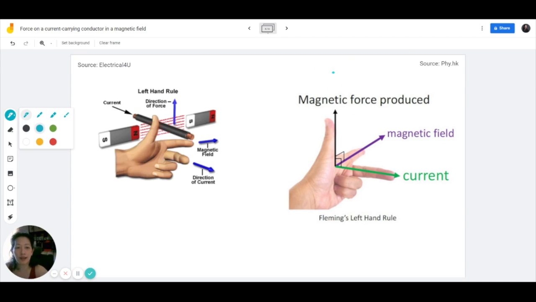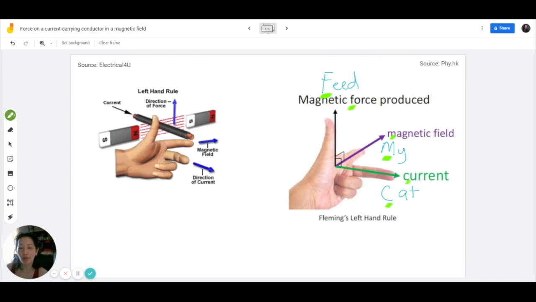So because this is force, so this will be F, this will be M, magnetic field, and this will be current. So I always tell my students, feed my cat, right? Because F from feed will be, of course, force, M, my, would be magnetic, and C, cat, represents current.